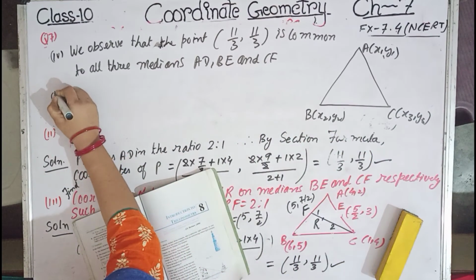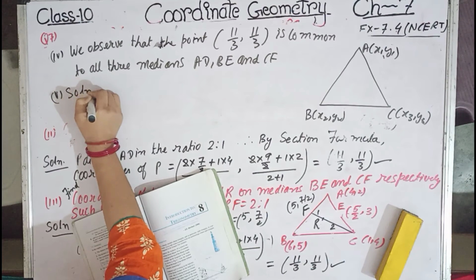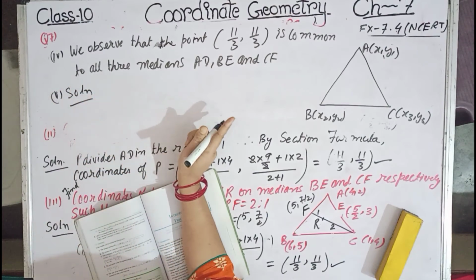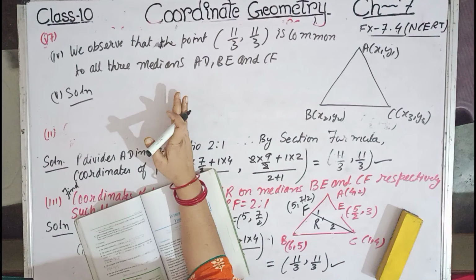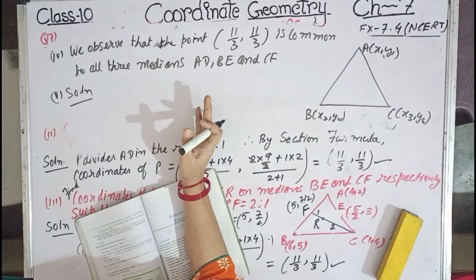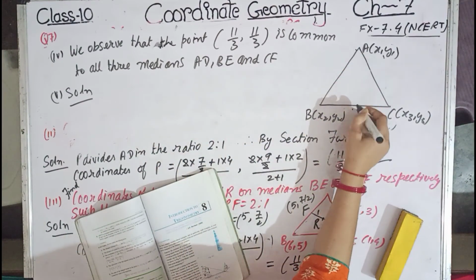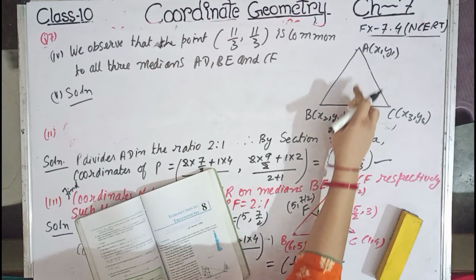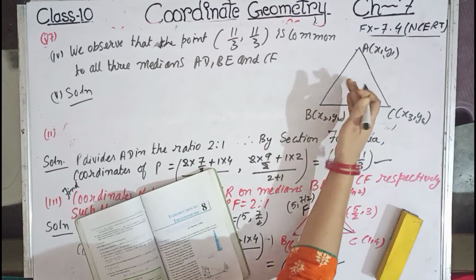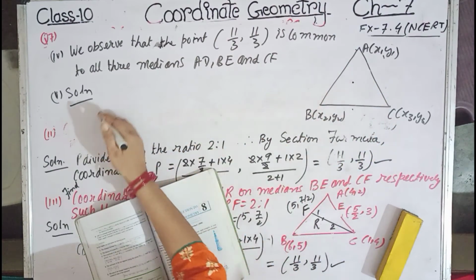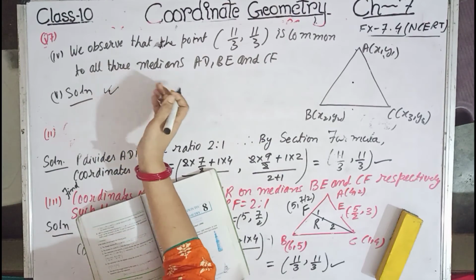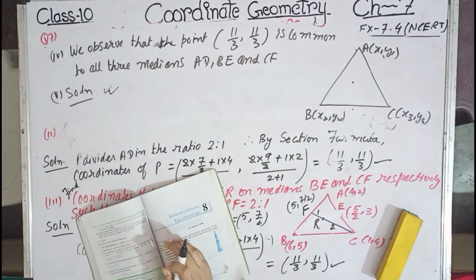Now this number 5 solution I have done in the introductory video of this section formula, where I have derived the formula for the centroid of a triangle, in which I drew a median and its midpoint, then 2:1 by section formula I got this point. So for this derivation you will be referring to that video.